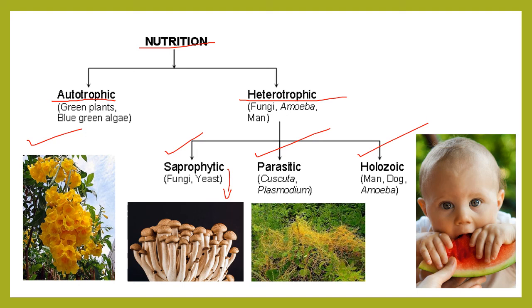They take their nutrition from dead and decaying material. Parasitic, they take their nutrition from another animal that is not decayed, that is not dead, and they don't even kill them. And holozoic means they take in the whole substance as food. पूरा का पूरा खाना अंदर ले लेते हैं बॉडी के, and then inside the body the food is broken down.